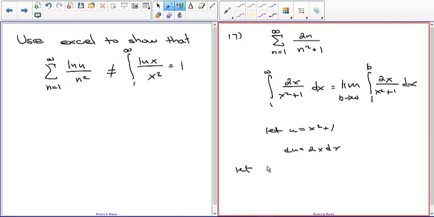We'll say when x equals 1, u equals 1 squared plus 1, which is 2. And when x equals b, u equals b squared plus 1. Or you could go through this and then substitute back in.